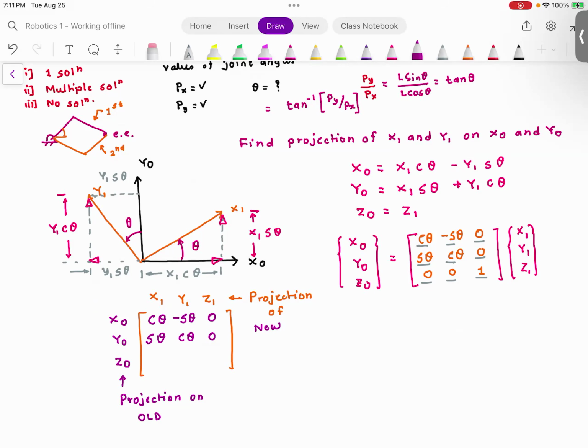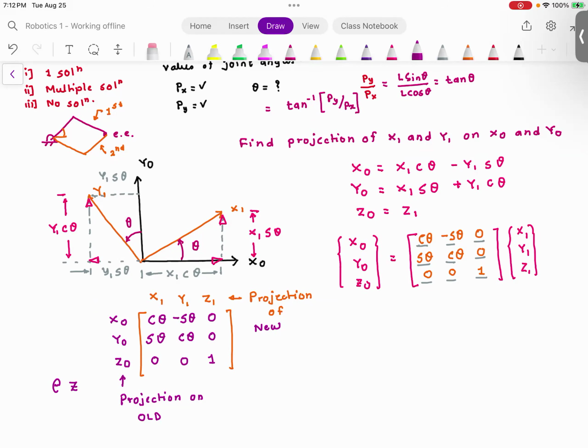Projection of x1 onto z0 is 0. Projection of y1 onto z0 is 0. And projection of z1 onto z0 is 1. Do you agree with me? So you got the same rotation matrix. Now this rotation matrix is the rotation about z.